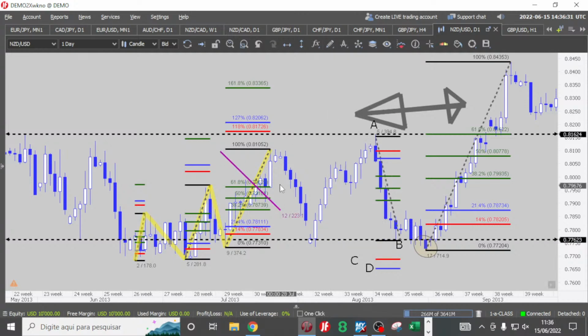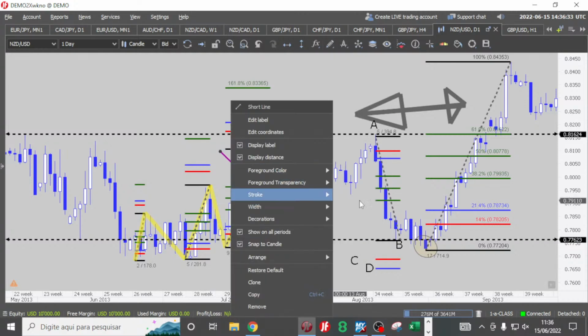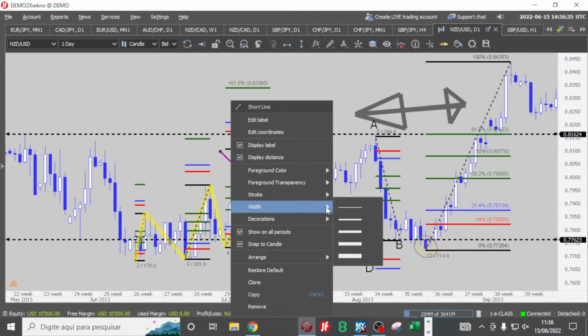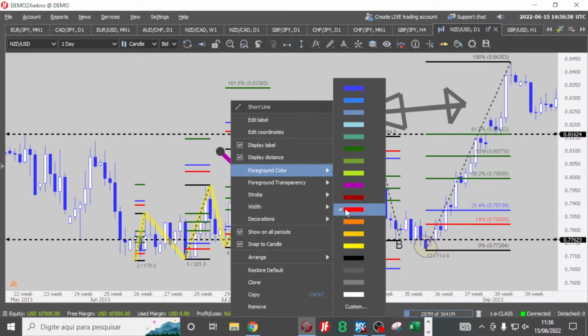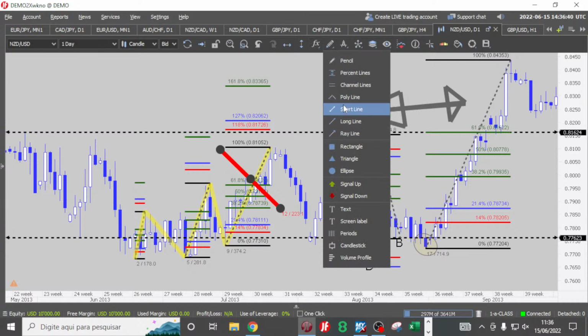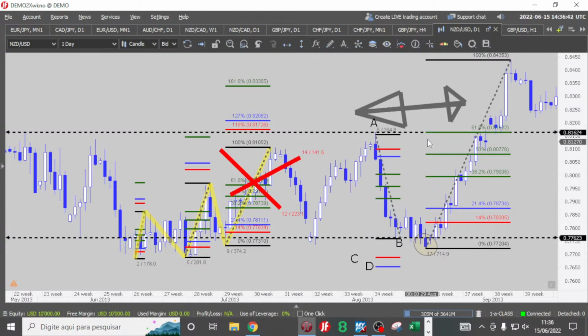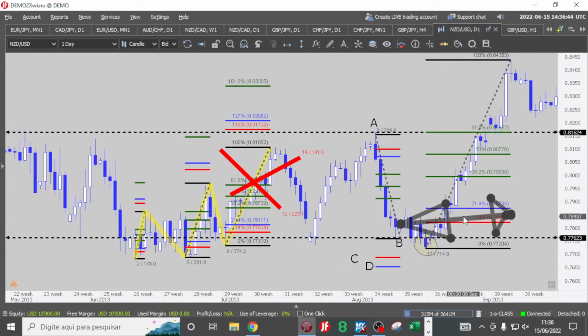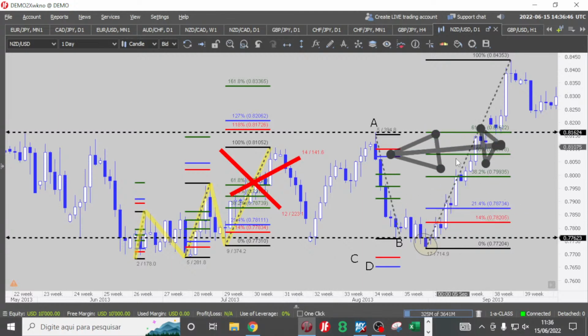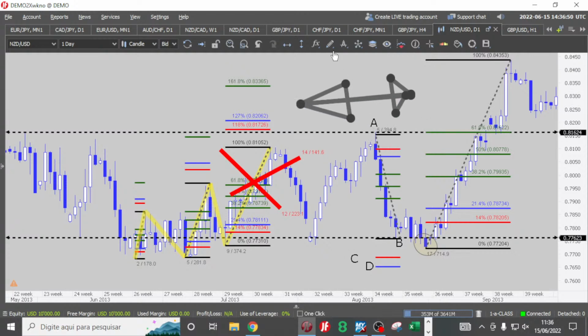This is not valid anymore. Give me a second, everybody. Now we're looking at this one. There is no point of me doing this because we can clearly see that here the market is going to stop us out again. So this is not valid anymore either. Not this one, short line, not valid anymore either, right? Not valid.